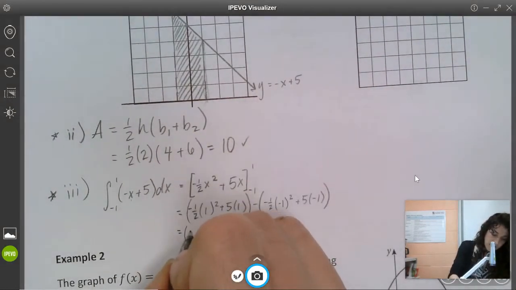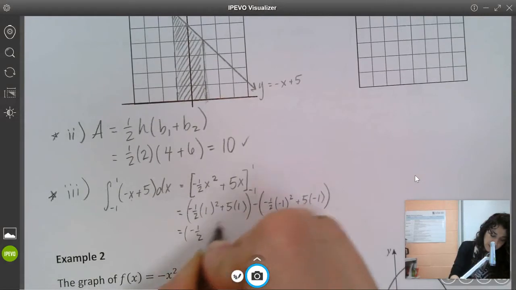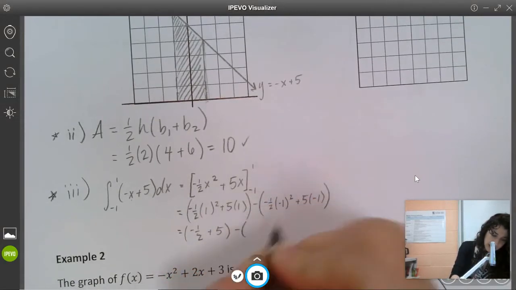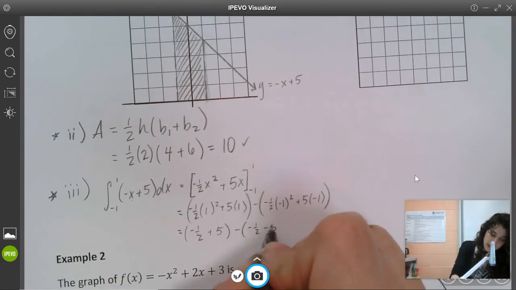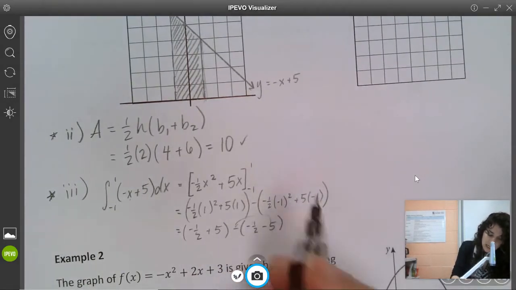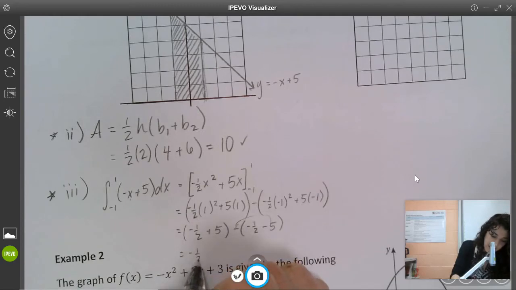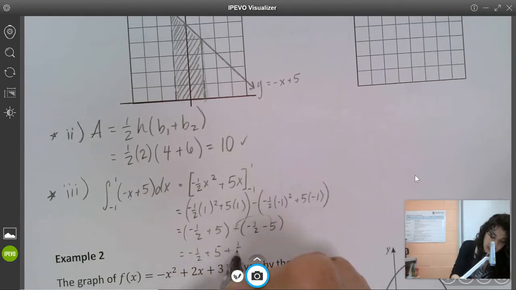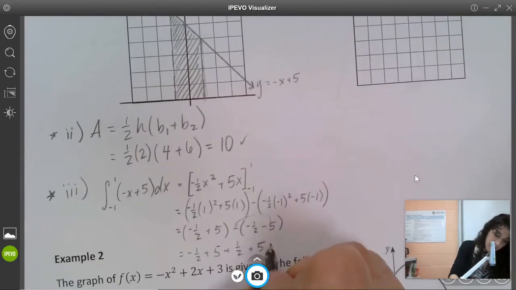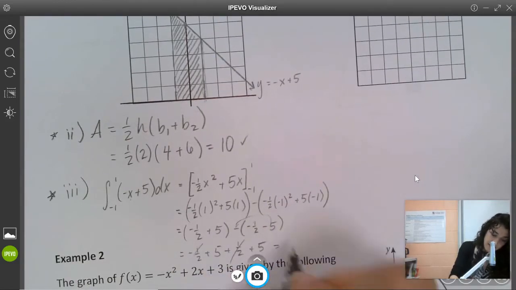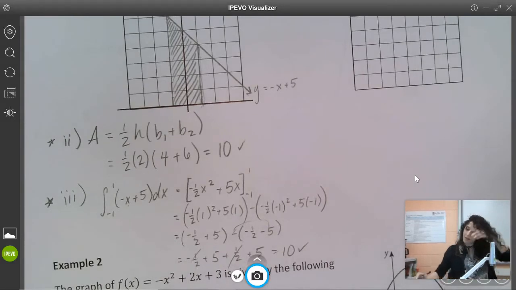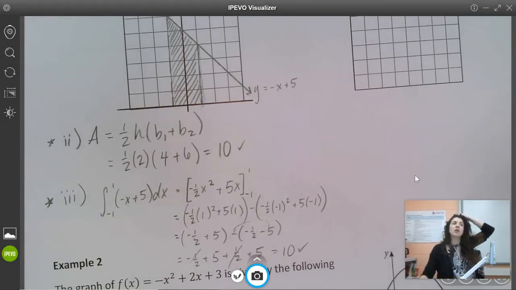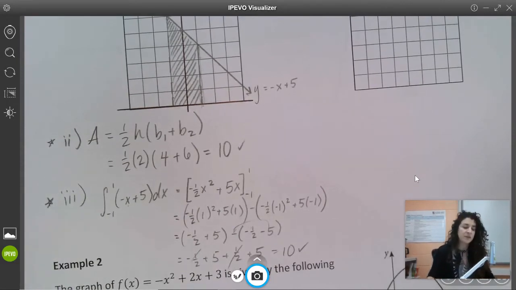So then this becomes negative 1/2 plus 5 minus, and then this becomes negative 1/2, and then that becomes minus 5. Distributing that negative to both pieces, we get negative 1/2 plus 5 plus 1/2 plus 5. So that negative 1/2 and positive 1/2 cancel out, and we're left with just 10, which we knew is what was supposed to happen, but it's kind of cool to see the mathematics all come out together and see how it could come down to something like 10.